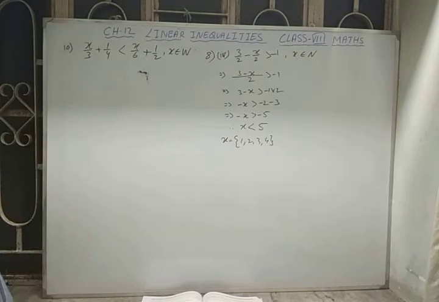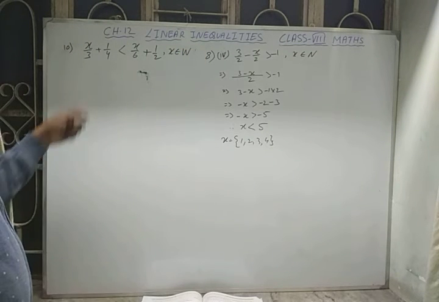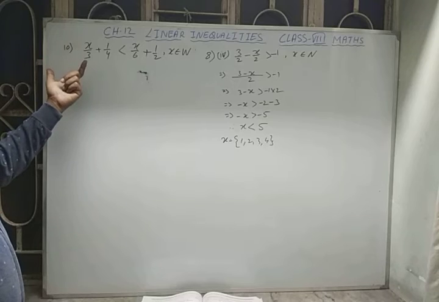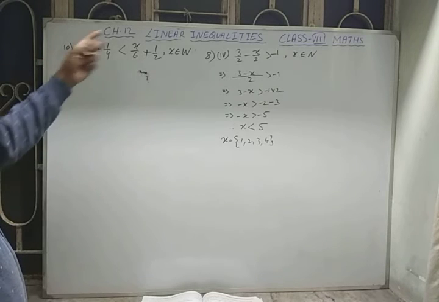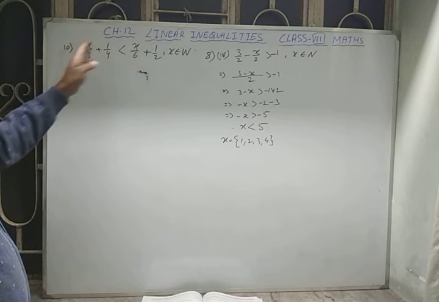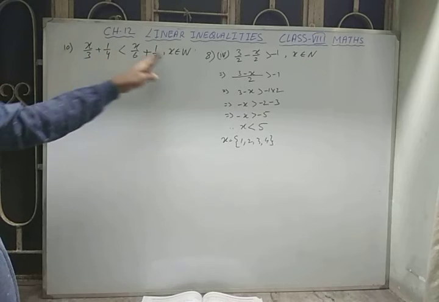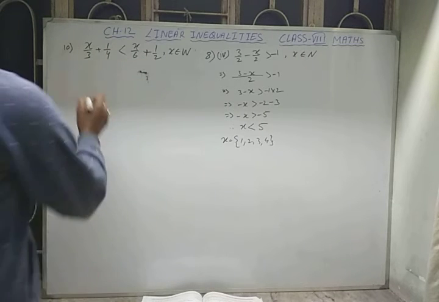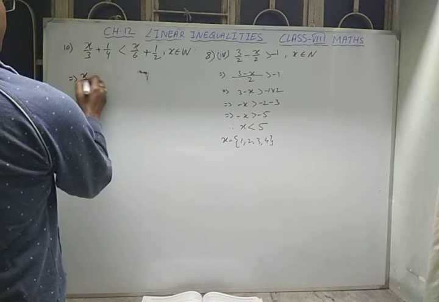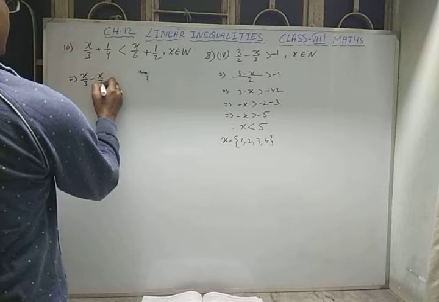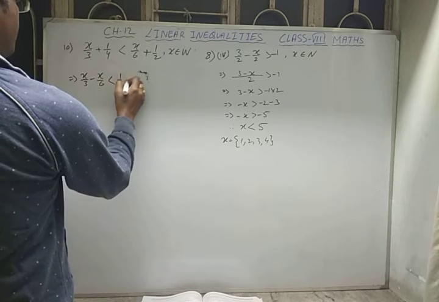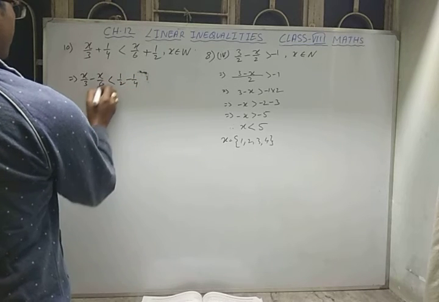Now in this question, we can take the like terms on either side. Take the right hand x to the left hand side and the constant term to the right hand side. So x/3 - x/6 < 1/2 - 1/4.